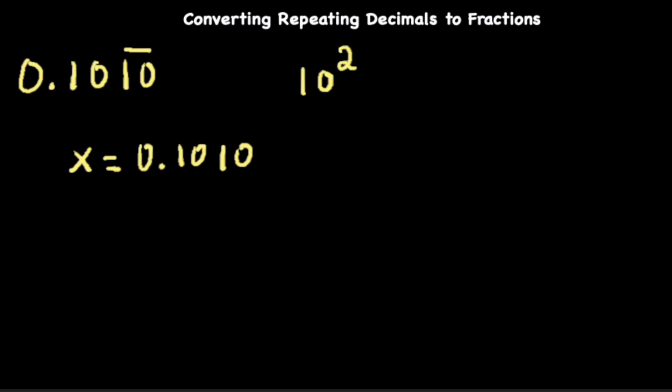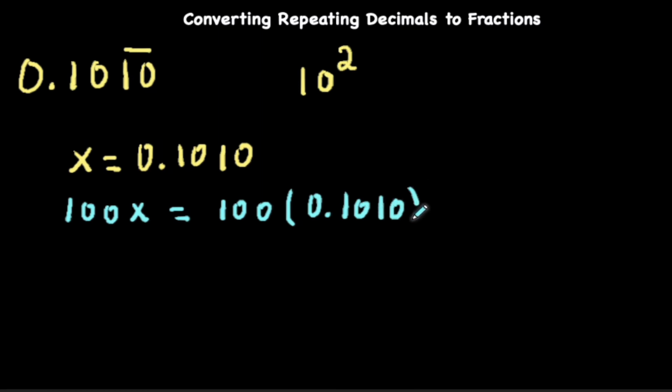Let's go ahead and do that. We have 100 times x, which is equal to 100 times 0.1010 repeating. Since we're multiplying by 100, we're going to move the decimal point 2 places to the right.